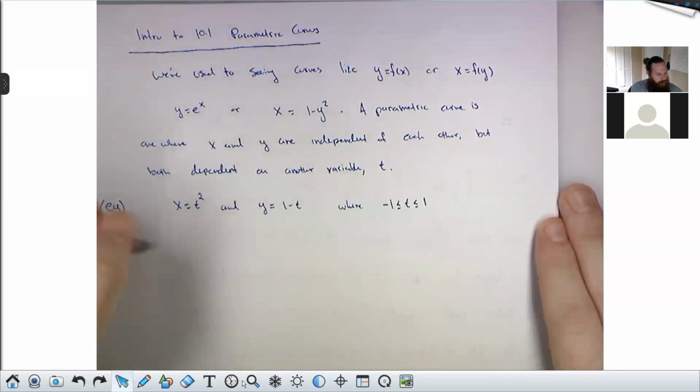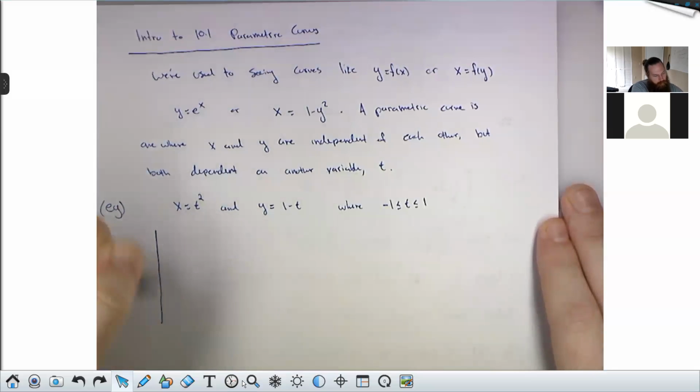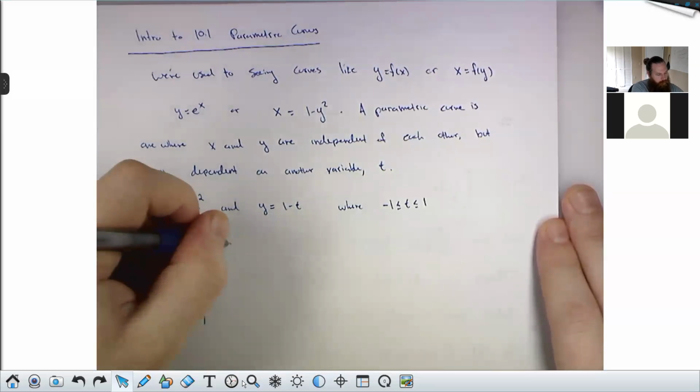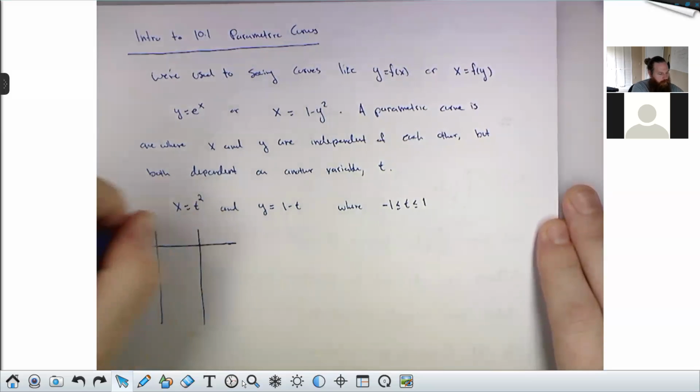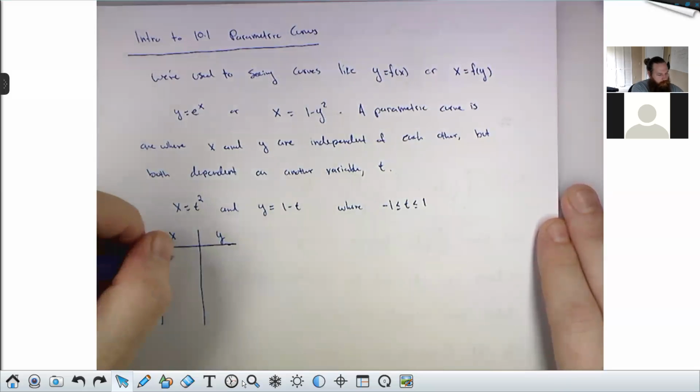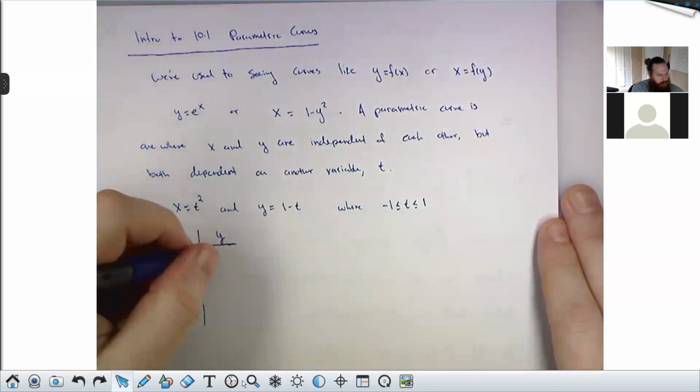In this particular case, I can make a table of values to try and graph this. When t is -1, x is t squared, that's 1, and y is 1 minus t. 1 minus -1 is 2.